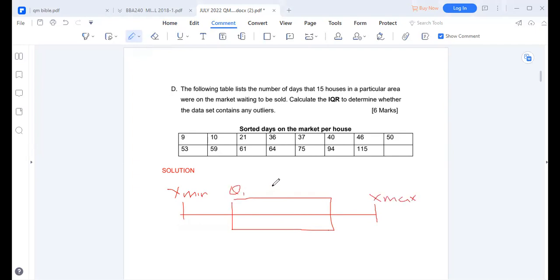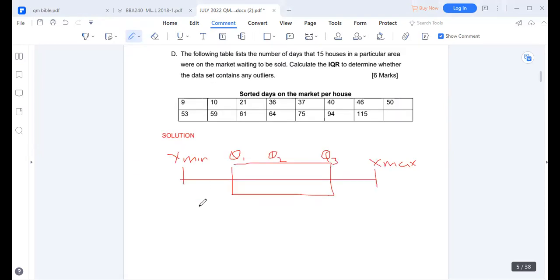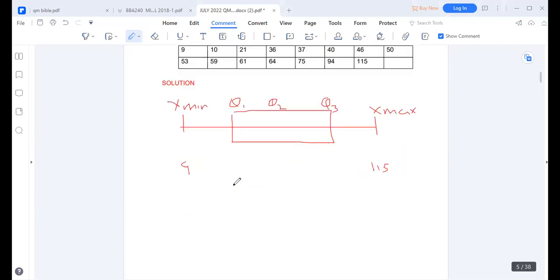Q1, Q2, and Q3. Our minimum value of X is 9, the maximum value of X is 115. So Q1 we know is what? A quarter of n. And our n in this case is 15. What is a quarter of 15?